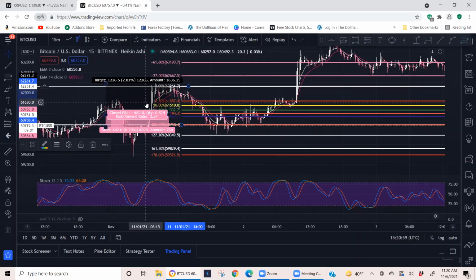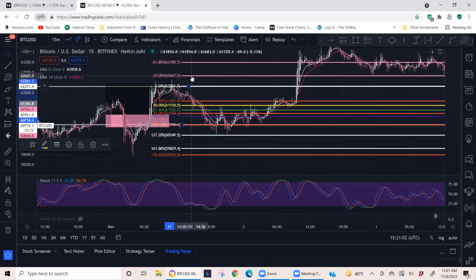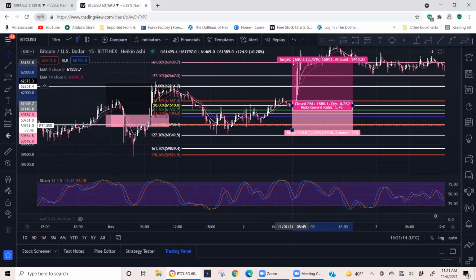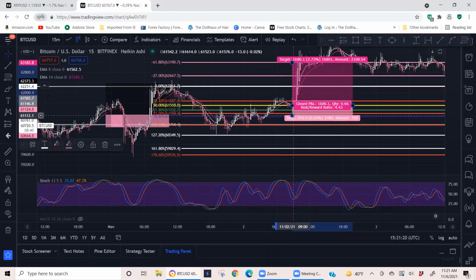I obviously didn't set it for the negative 27% in this example, but had I went down here and got another entry, I could have set my target for the negative 61.8 right there. And then I would drag up my stop loss to where it needs to be.